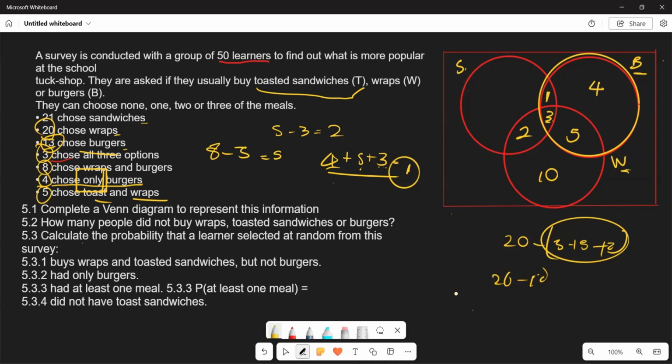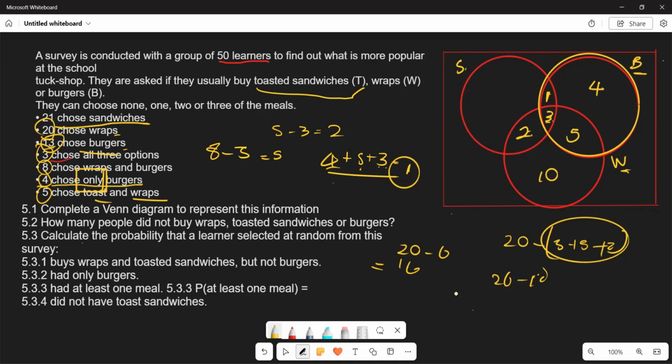Now, those learners who would have chosen a sandwich will be 21. So how can you determine the 21? You are going to say, if you are having this 1 here plus the 3 here, it's 4. Then this one here is going to be your plus 2, which is going to give you 6. So when you say 20 now subtract 6, what is it that you're going to get? I think this is going to be 16, right?